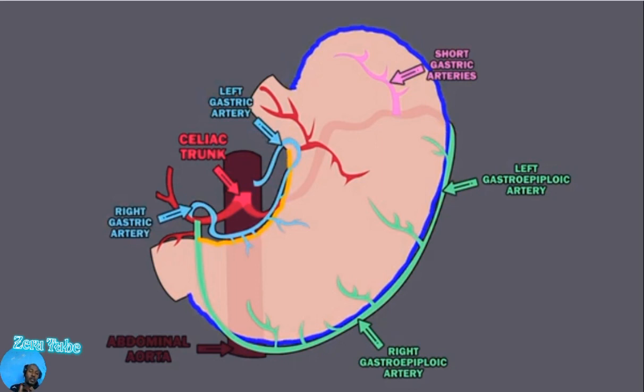It does not originate from the common hepatic artery; rather, there is an artery that goes to the liver, which is called the hepatic proper artery, and it arises from that. Generally, the lesser curvature gets blood supply from the left gastric artery and the right gastric artery. These two arteries supply it with blood.